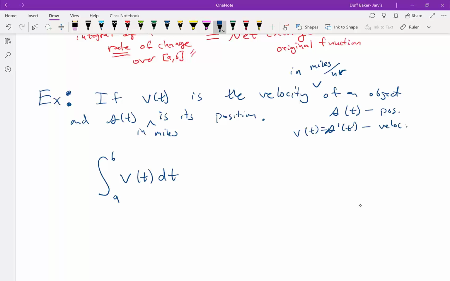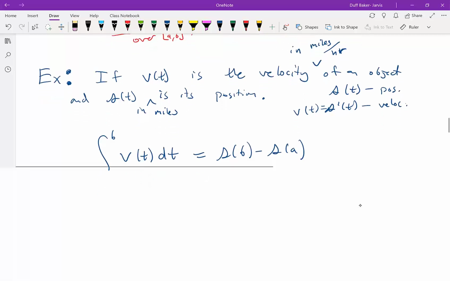So really, this thing in here is S prime of t. It's the rate of change of position. So that means if we integrate the rate of change of position, it should tell us about the change in position, right? Okay. And so that's indeed exactly what happens.